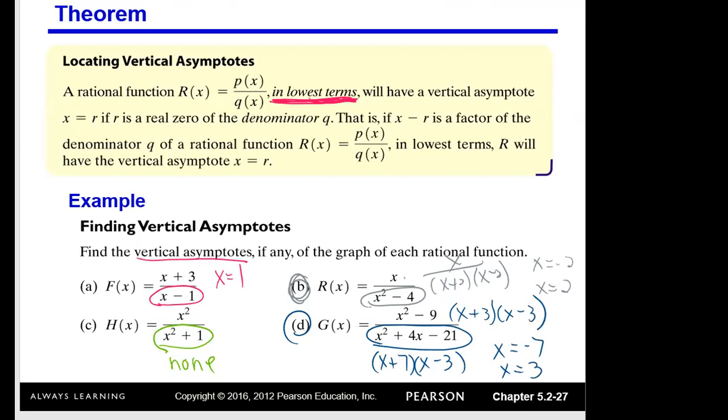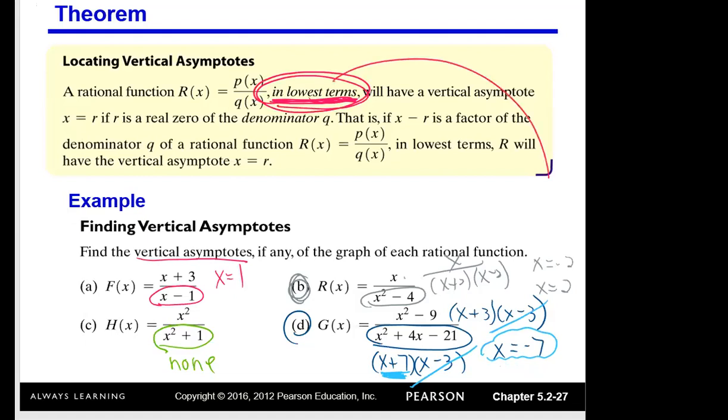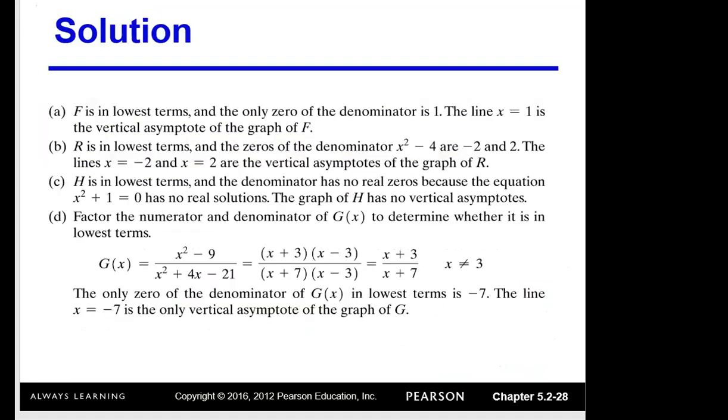And then when I do that, this x minus 3 in the numerator would cancel this x minus 3 in the denominator, so that the only thing I have left in the denominator is x plus 7. So this would be my only asymptote, not that one, sorry. I forgot that part. I even highlighted it up here so I would remember: in lowest terms. Forgot to do it there. Bad teacher.